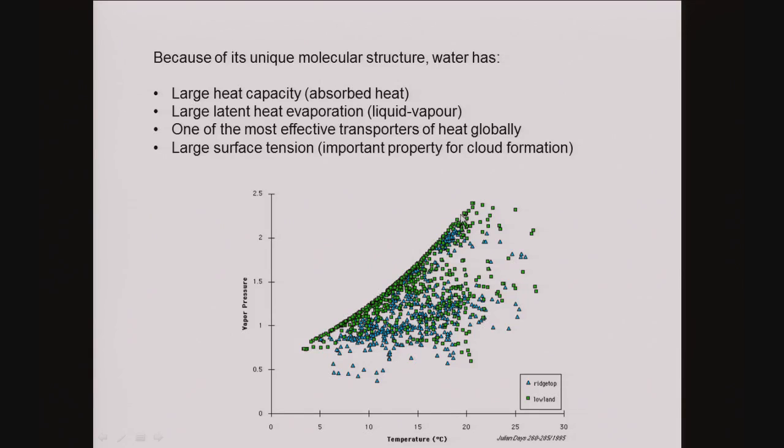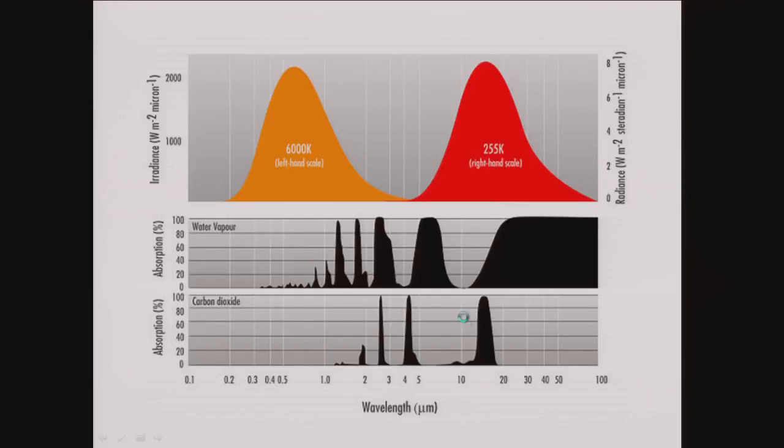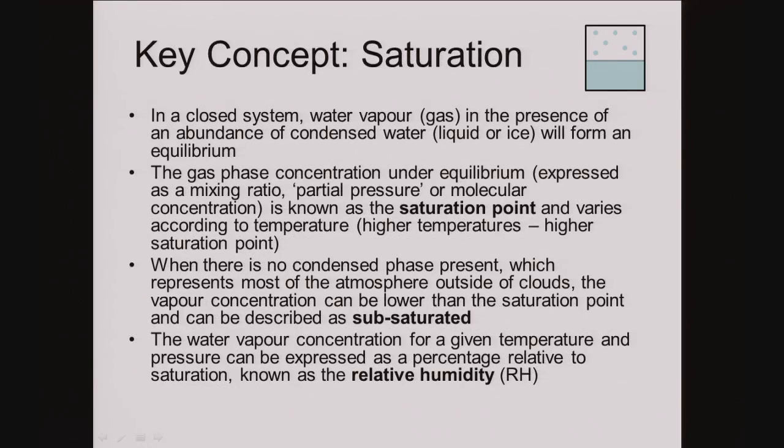So this line, this very well-defined line here, we're saturated here. If we're below this line, then we're subsaturated. We're not at the saturation point at that temperature. And so the water vapor concentration for a given temperature and pressure, you can express this as a percentage relative to saturation, and that's known as the relative humidity.